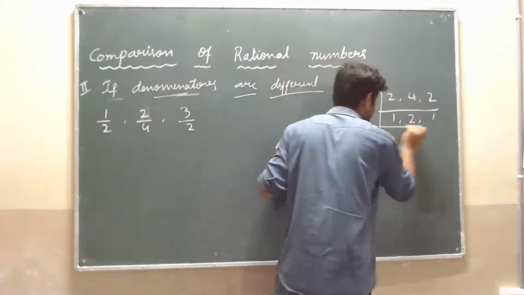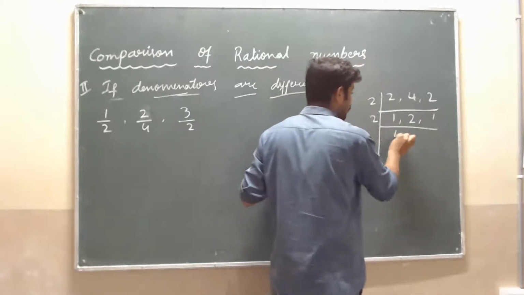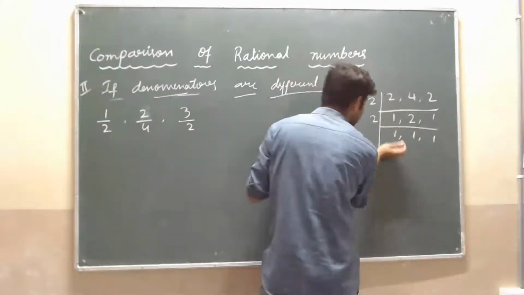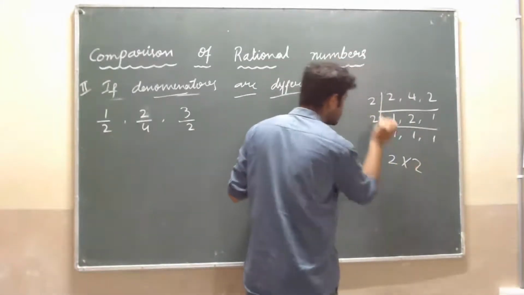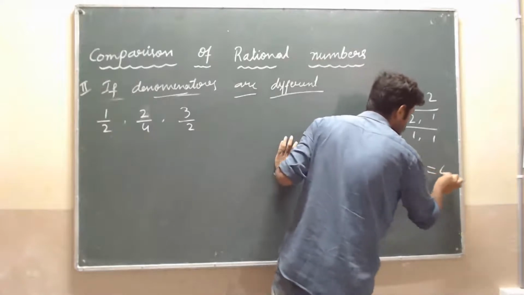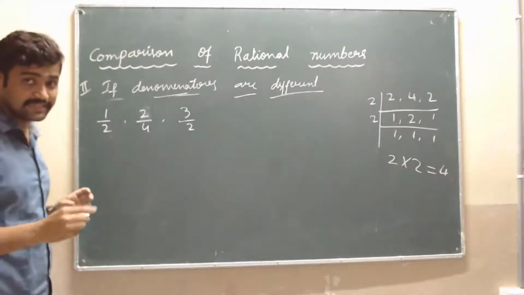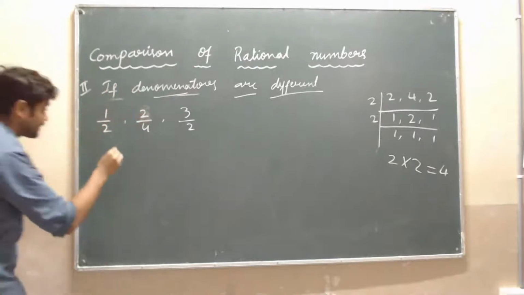Then again, 2: 1, 2 ones are 1, and as usual 1. And what is the LCM? It is 2 into 2, that is 4. 4 is the LCM. I will write it here.